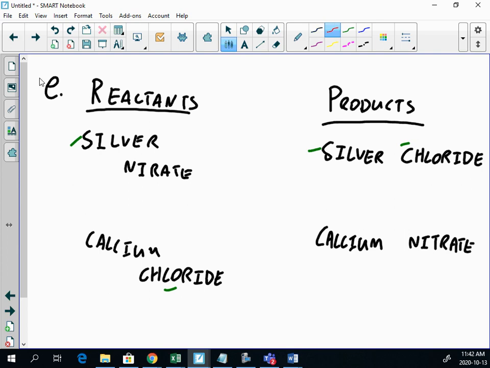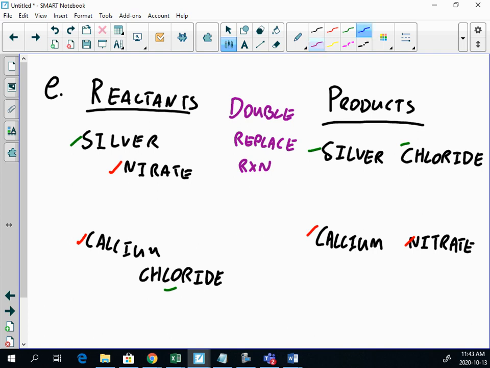So that I cover the calcium and the nitrate that were here and here. So this is a double replacement reaction. And all the ions I started with switched partners to different partners by the time I was done.